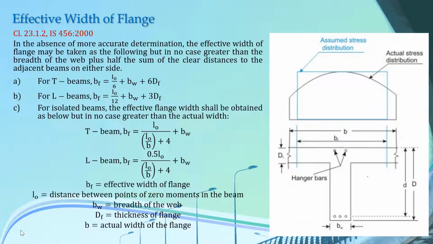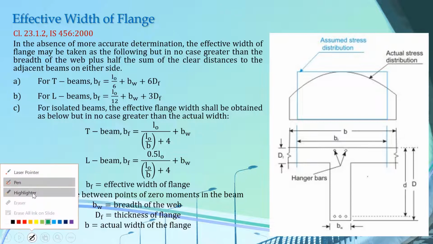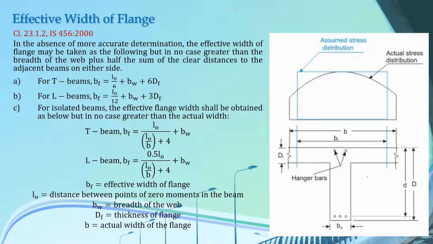So before proceeding with the analysis and design of the flanged beams, we have to first learn how to determine the effective width of our flanges or effective width of our beams here. So let me draw a certain section of flanged beams here.